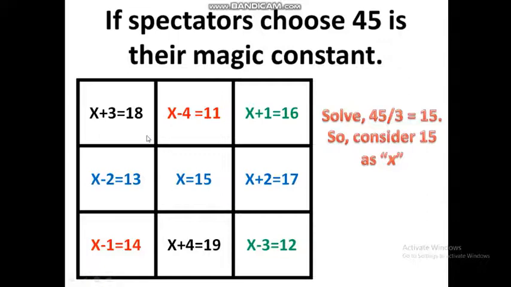Accordingly, whichever box the audience, the spectators or Pruchakas ask about, we can fill it. For example, if one person asks to fill box number 1 by 3, that is x plus 1, 15 plus 1, which is 16.